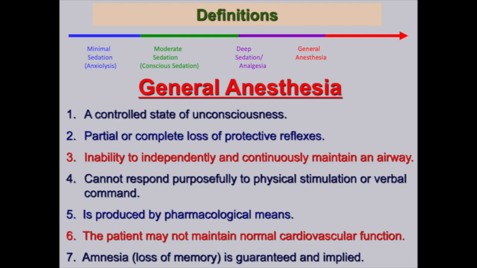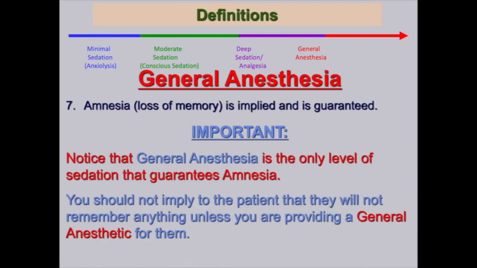And they may not maintain their normal cardiovascular function until there's some stimulation. A lot of times their blood pressure falls and their heart rate falls because there's just no surgical stimulation to bring it back up to a homeostatic level. But the big thing here is number 7. Amnesia, meaning loss of memory, is guaranteed and implied.